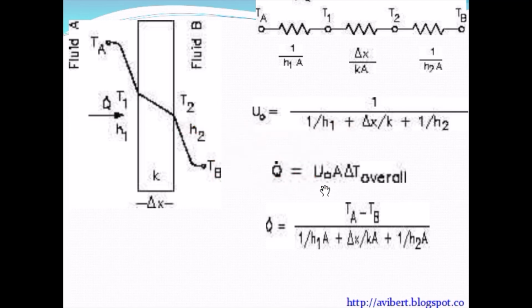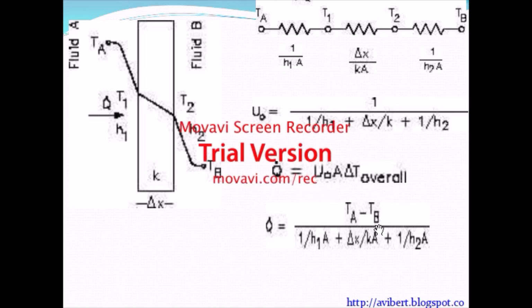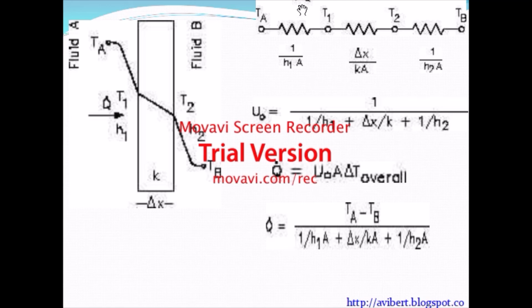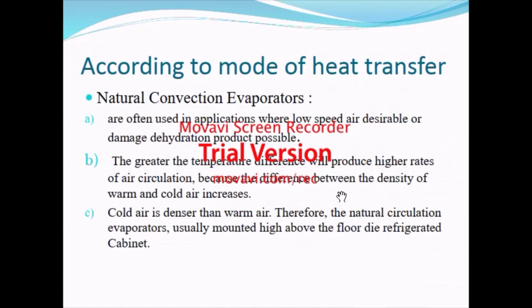So the formula is the thermal coefficient U times A times overall delta T. Just put the area here; we can see the area here already, but here we don't have the area, so we just put it here. Now we can calculate the thermal flow rate.